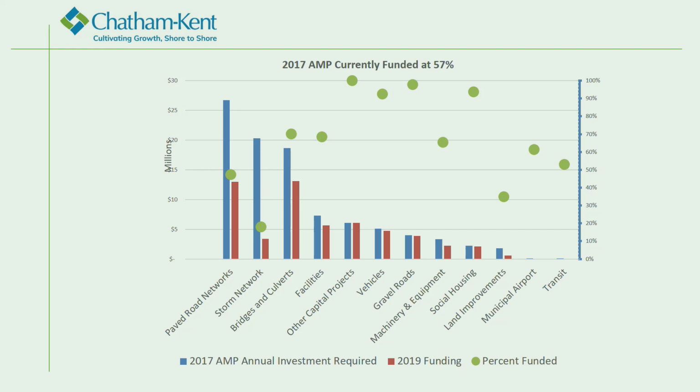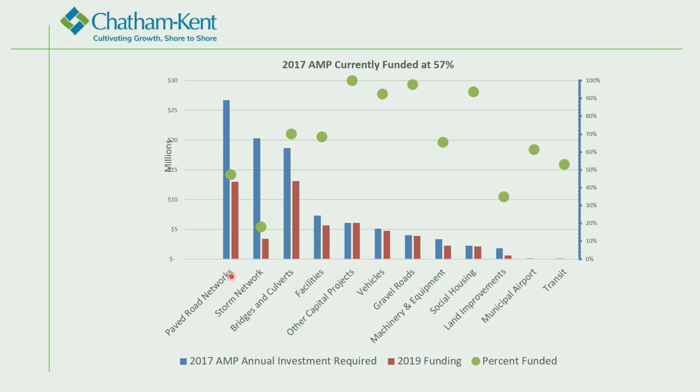This is a new graph this year, so I'm going to spend some time on it because it's trying to show things in two ways. So first we have the bars, and that's representing the millions needed for each of these major groups of assets.